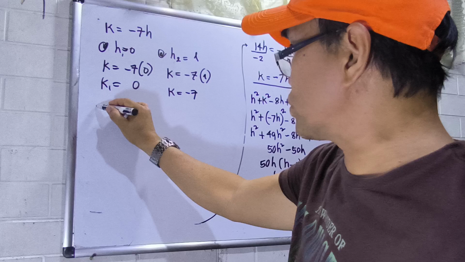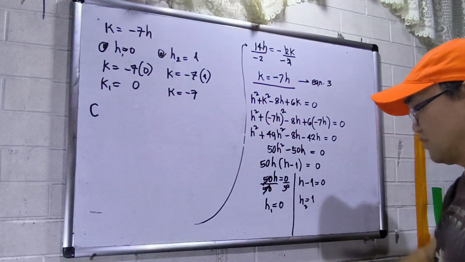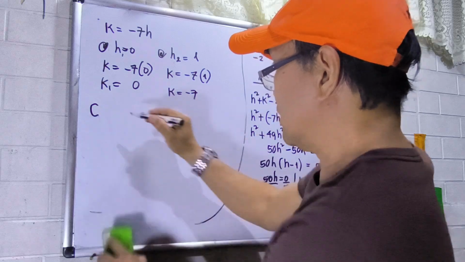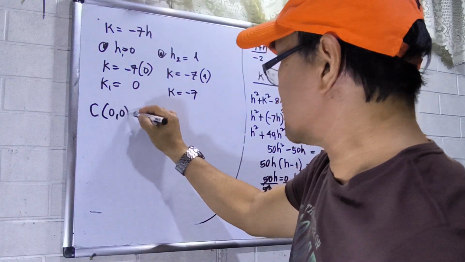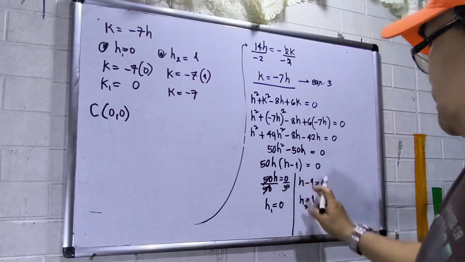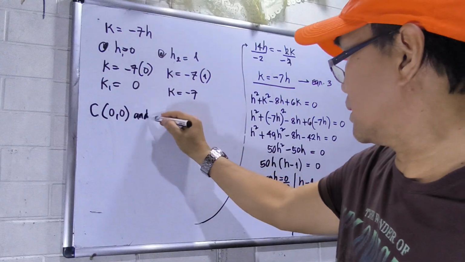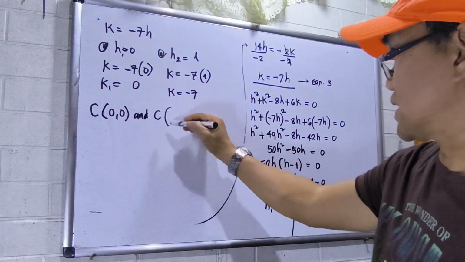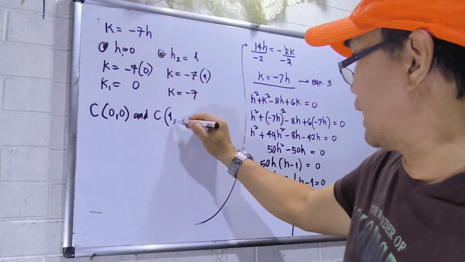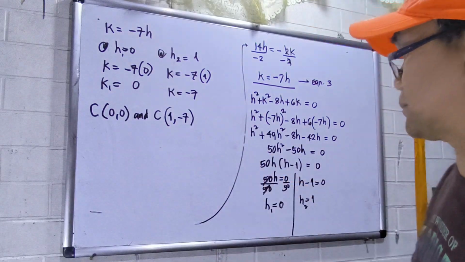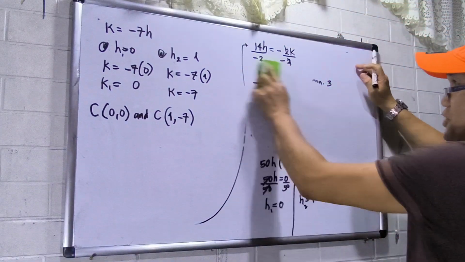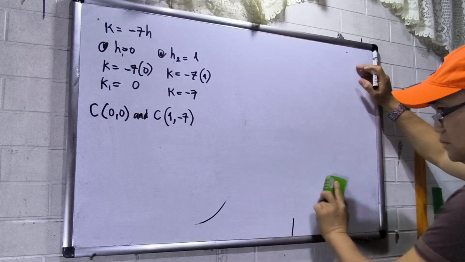So therefore, I have two centers of this equation. First will be 0, 0, meaning at the origin. And another center is at 1 and negative 7, because H and K. Okay? Then I have to use the equation.